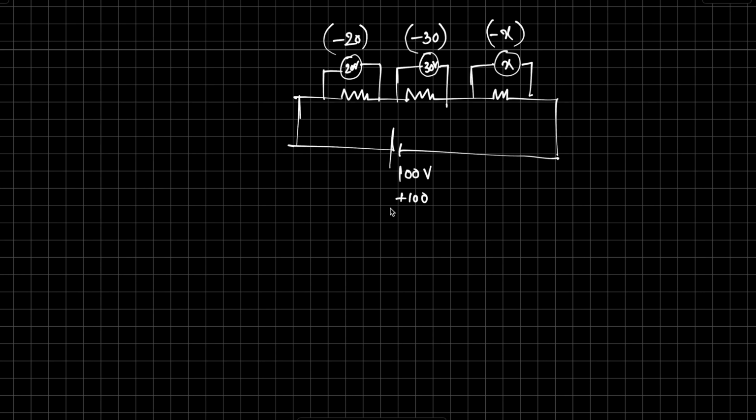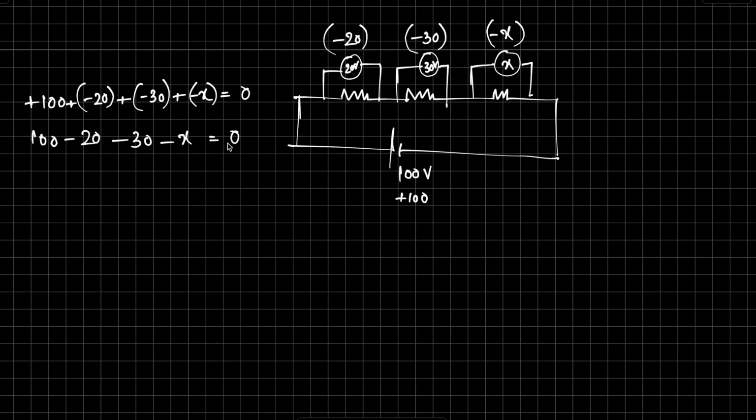If you add all these numbers, you should get 0. That's Kirchhoff's voltage rule. The total voltage in a loop is equal to 0. So plus 100 plus minus 20 plus minus 30 plus minus X is equal to 0. Take X to the right side.